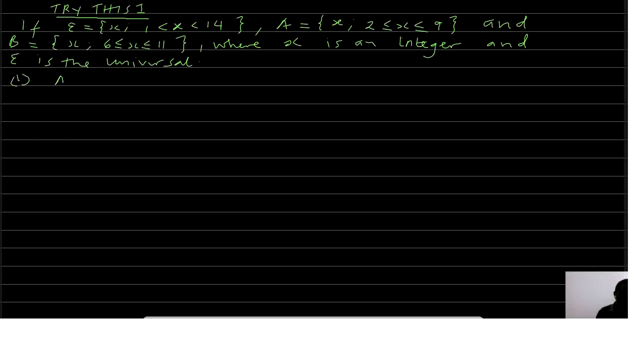Number 1, number of elements in A intersection B. Number 2, number of elements in A union B. Number 3, number of elements in A intersection B complement. Number 4, number of elements in A union B complement.